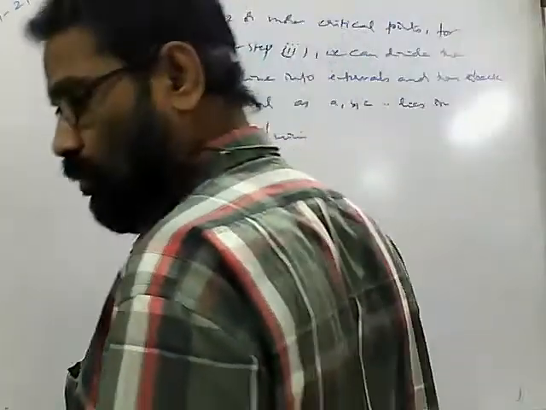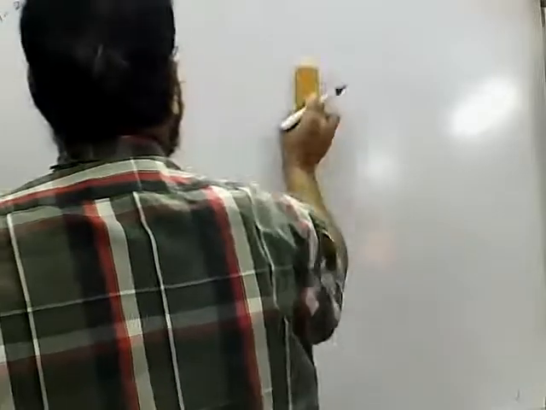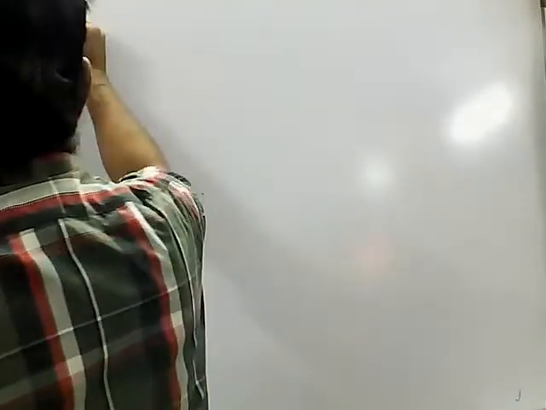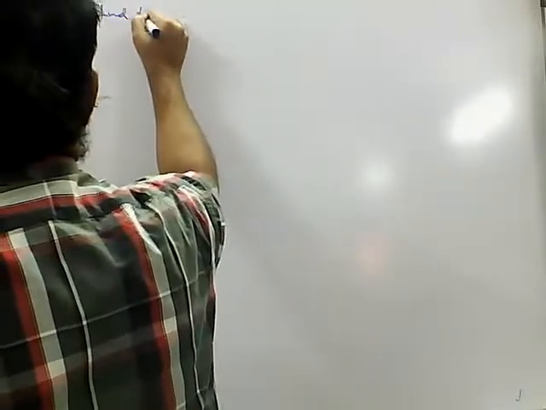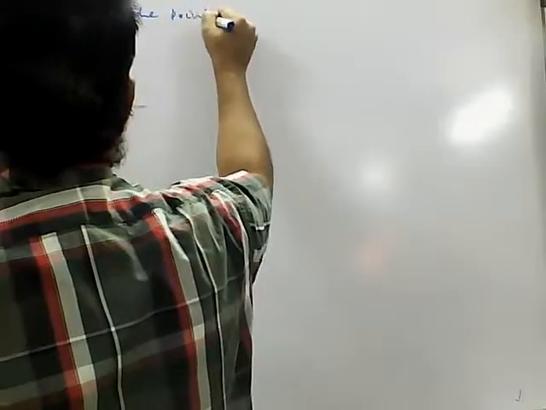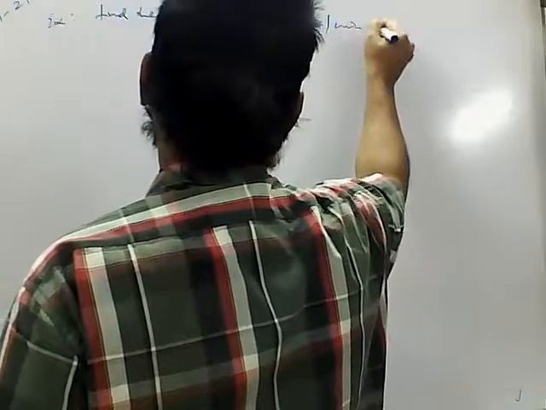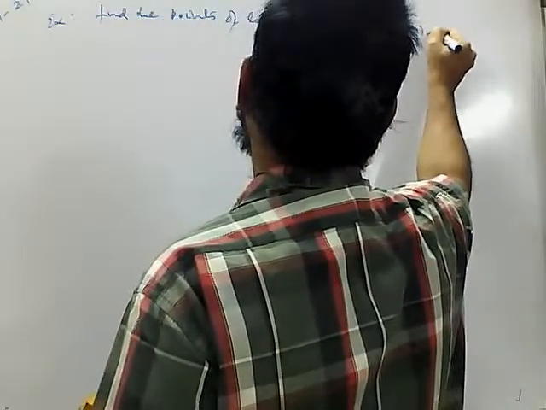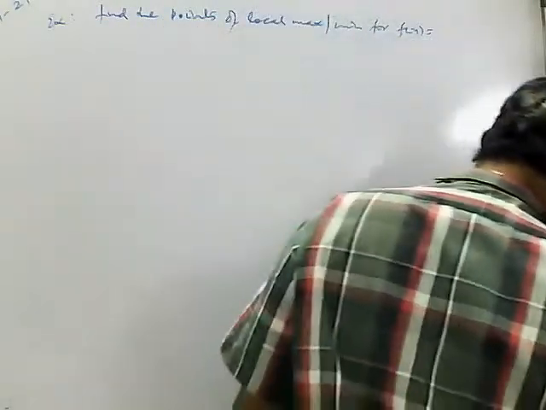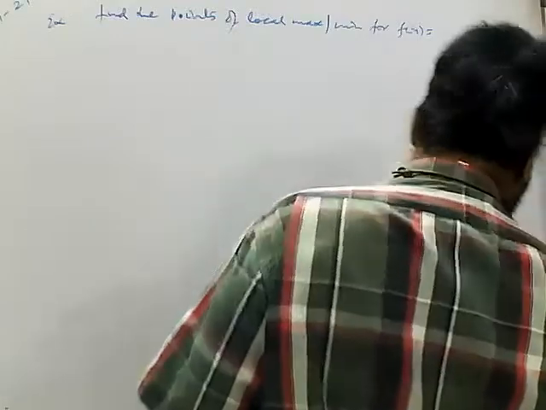Example. Find the points of local maxima or minima for f of x is equal to x minus 1 whole cube into x plus 1 whole square.